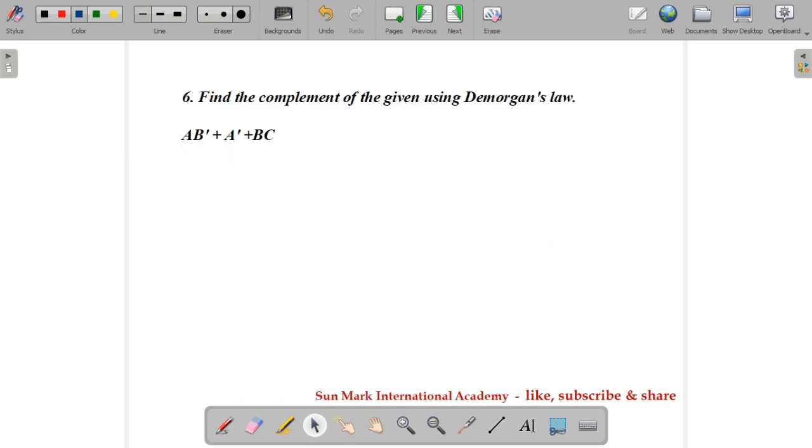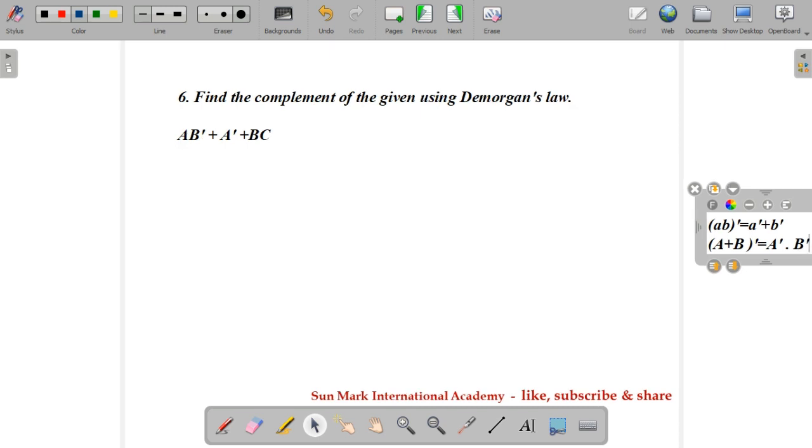Find the complement of the given expression using De Morgan's law. De Morgan's law: (AB) the whole dash equal to A dash plus B dash, and (A plus B) the whole dash equal to A dash dot B dash.